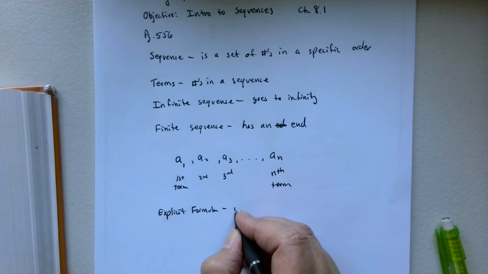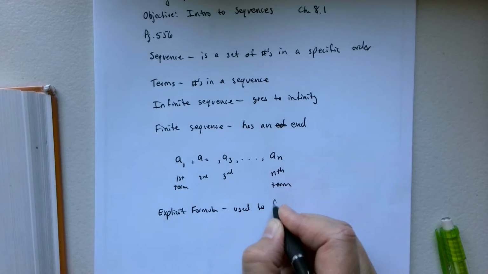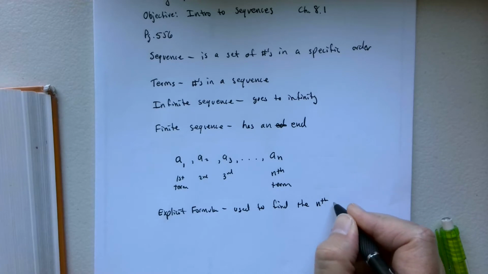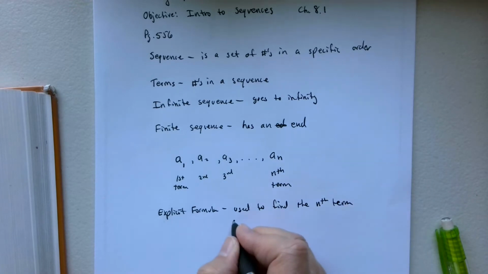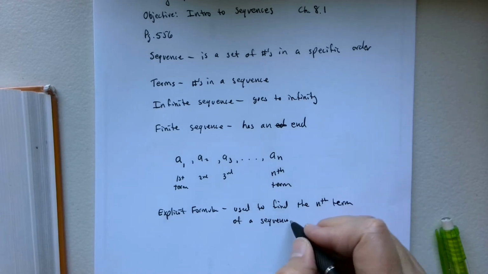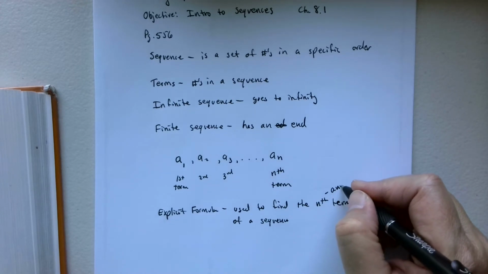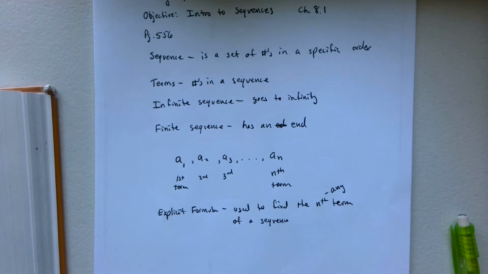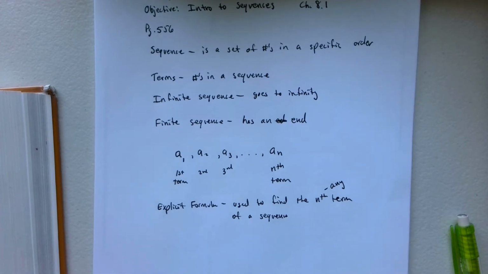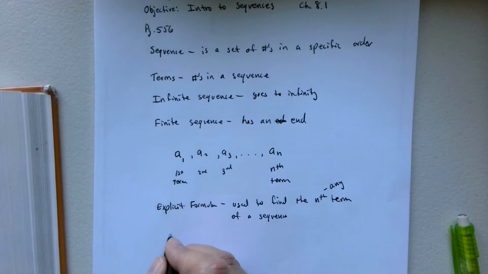It can be used to find the nth term of a sequence, or it could actually be used to find any term of a sequence. And that's going to be important later. Here, though, they just give us the explicit formula.